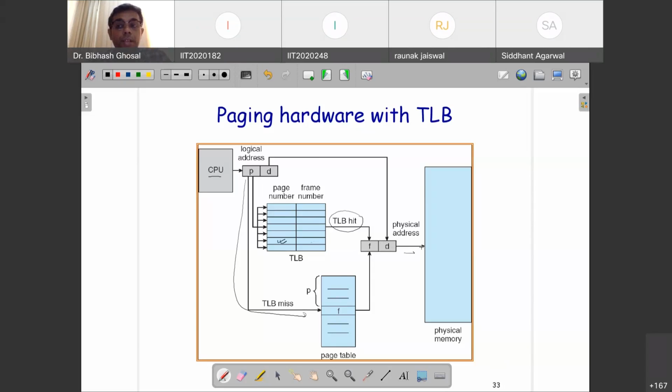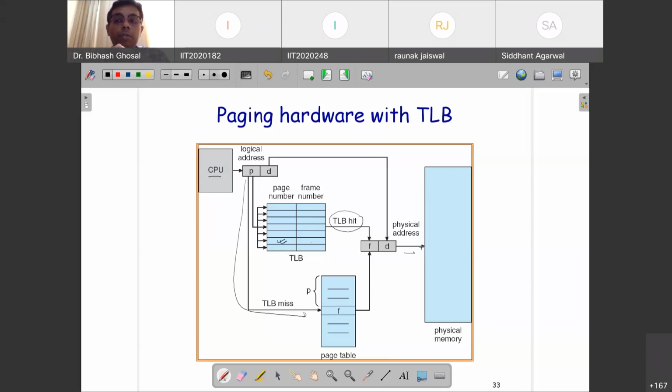It's a very, very important concept, and the TLB is the one that is most vulnerable. I'll talk about that when I come to security. The majority of the attacks that happen today on different systems are through this TLB. This is the area where people try to attack, because if you are able to change the permission of a particular page, it is here that you have to make the change.